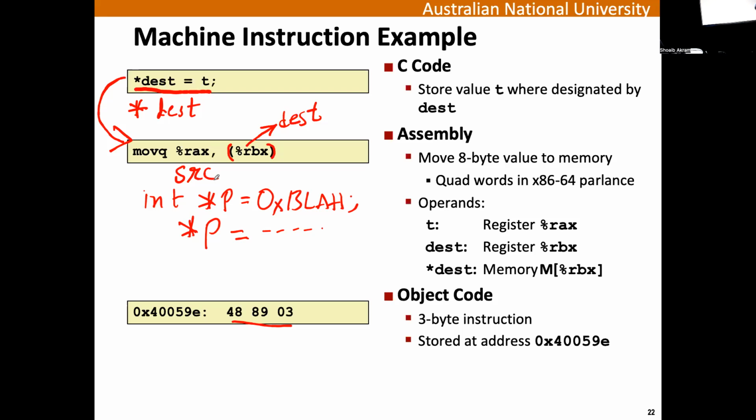So when you say parentheses, RBX is a register, what we are saying is treat the contents of RBX as an address and go to that address.